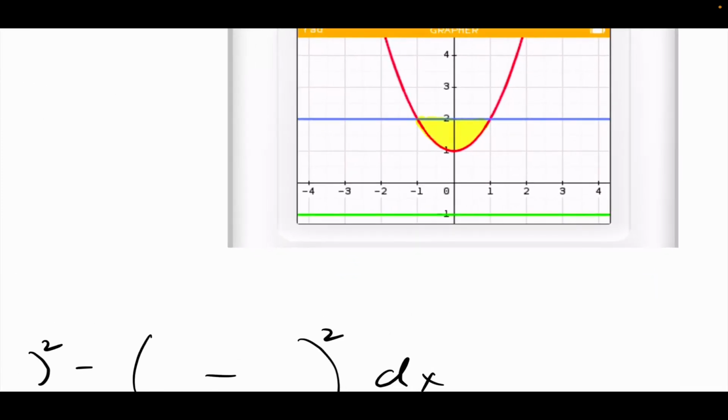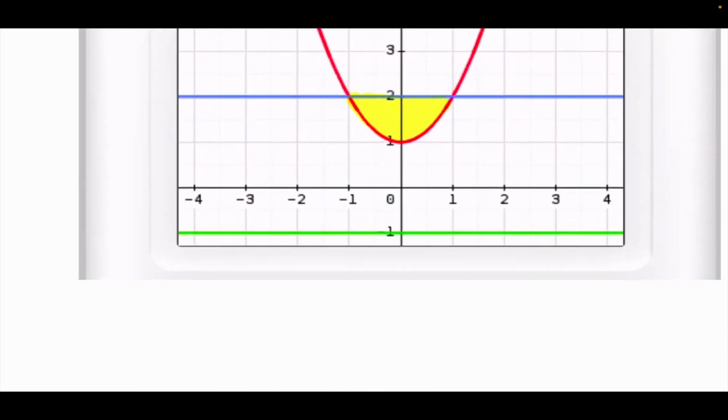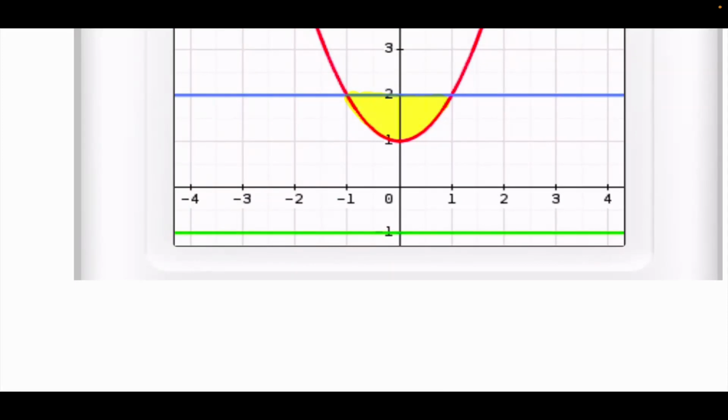Okay, so now big R, capital R goes from the top of the shaded to the axis of revolution. The top of the shaded is still the blue. The axis of revolution's gone down 1. So the blue is still y equals 2.